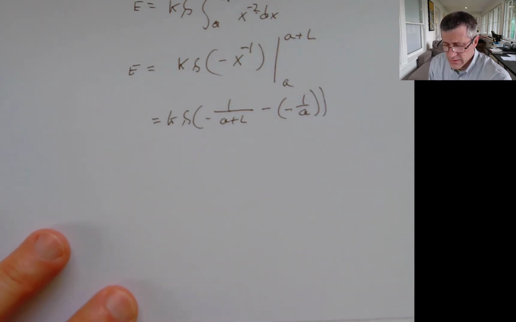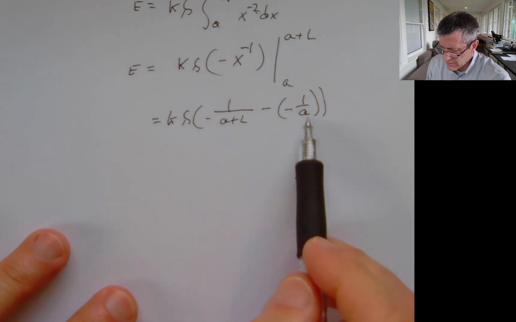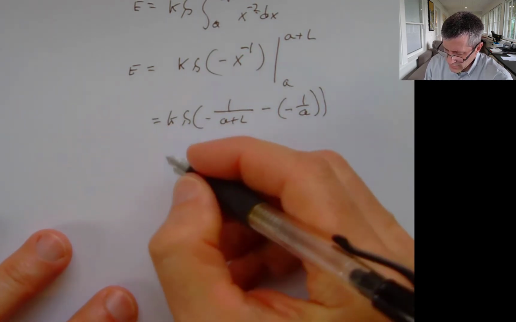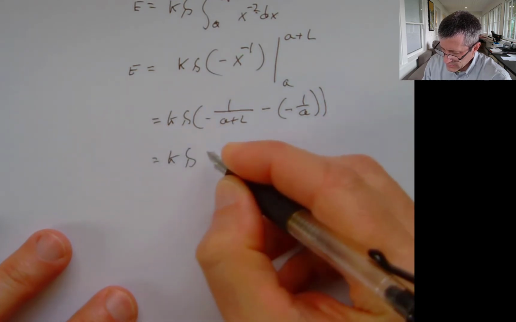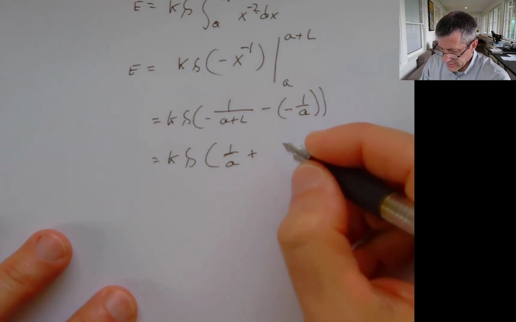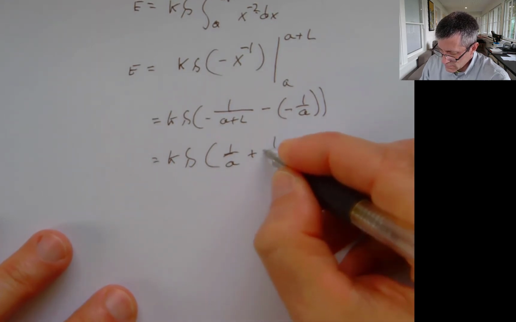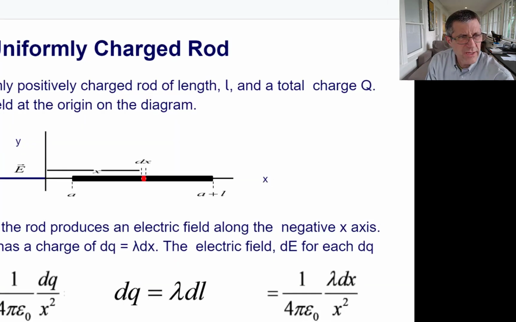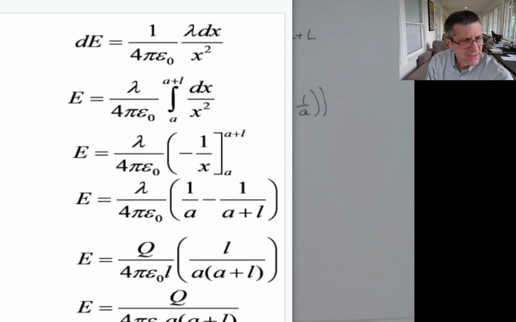So convince yourself that makes sense: my final minus my initial. One is going to be positive and one negative, so I can rearrange this to make it a little bit easier. k lambda times 1 over a minus 1 over a plus L. And I'm going to end up with some simplifications that I can do.